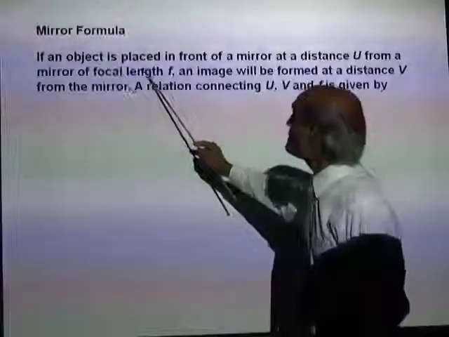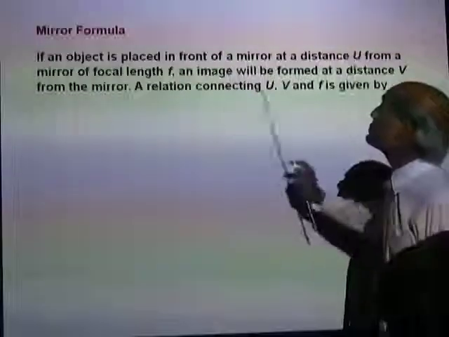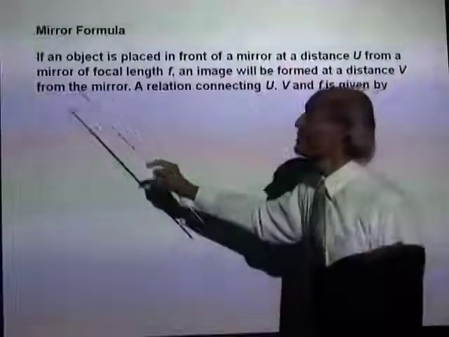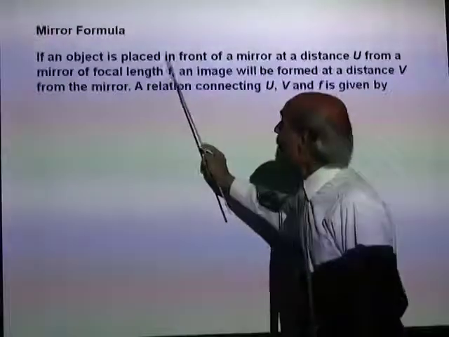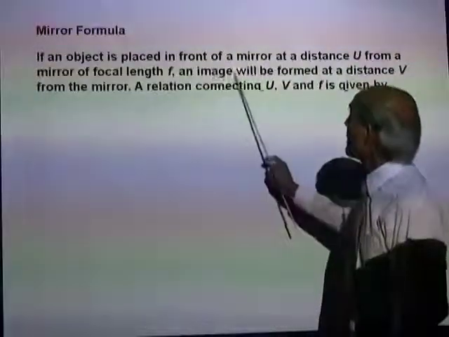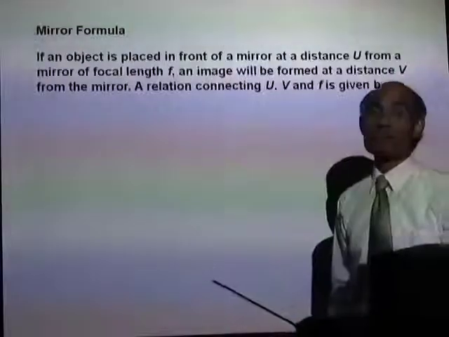Now, the mirror formula. If an object is placed in front of a mirror at a distance u from the mirror, where u stands for the object distance, and if f is the focal length, an image will be formed at a distance v from the mirror.